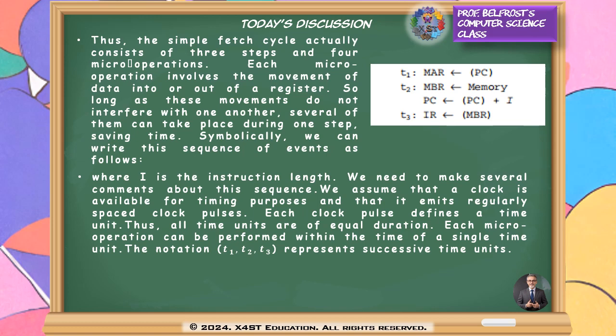First, we assume that a clock is available for timing purposes, and that it emits regularly spaced clock pulses. Each clock pulse defines a time unit, so all time units are of equal duration. Each micro operation can be performed within the time of a single time unit. The notation T1, T2, T3 in the picture represents successive time units.